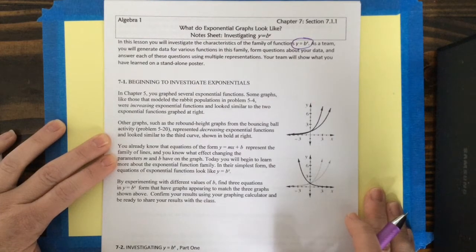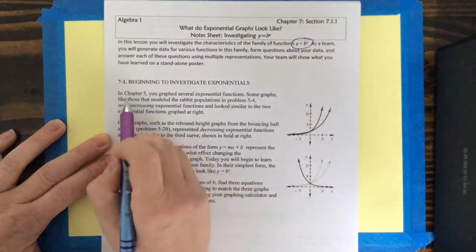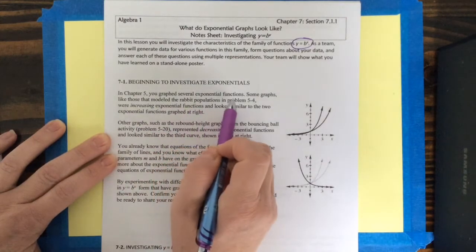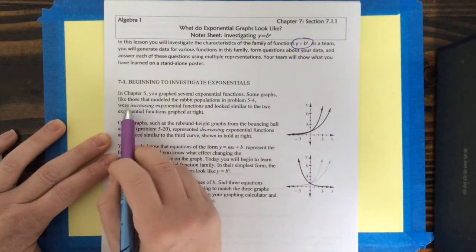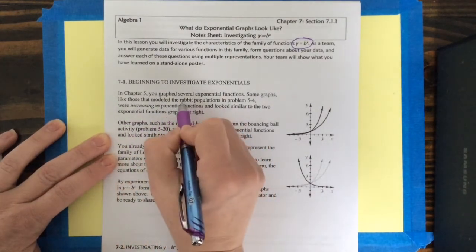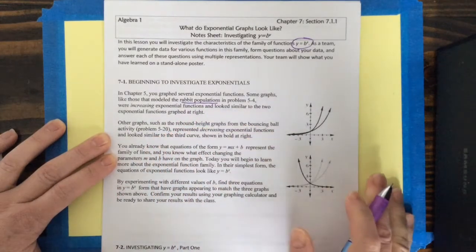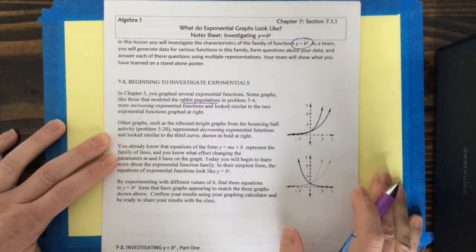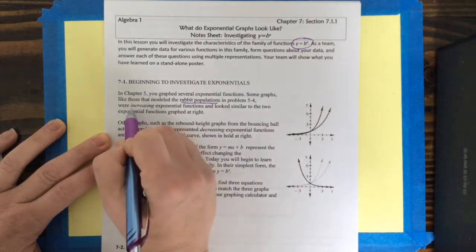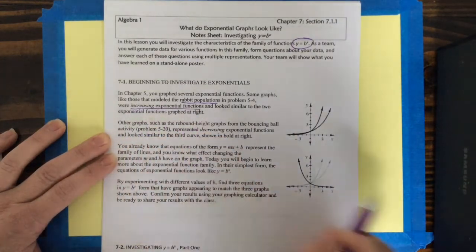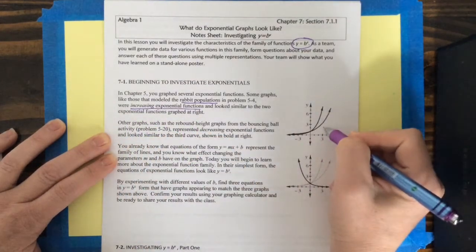Okay, so beginning to investigate exponentials. So in chapter 5, you graphed several exponential functions. Some graphs look like those modeled by the rabbit population, if you remember those problems. In problem 5.4, we had increasing exponential functions, and they look similar to these.